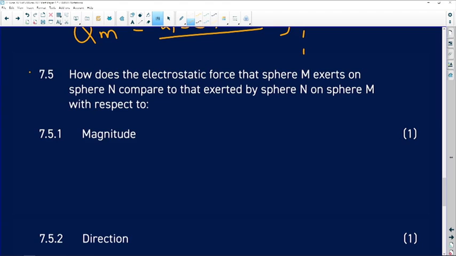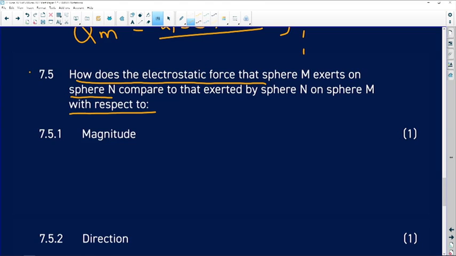In 7.5, we are asked how the electrostatic force that sphere M exerts on sphere N compares to that exerted by sphere N on sphere M, with respect to magnitude and direction.